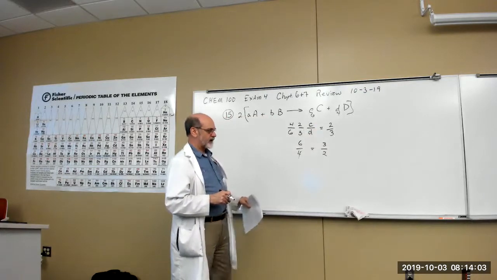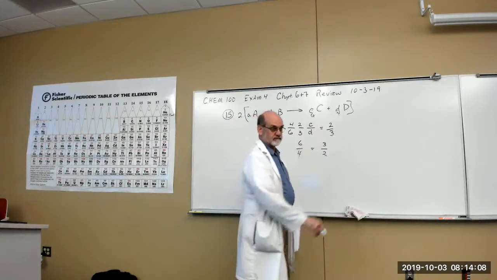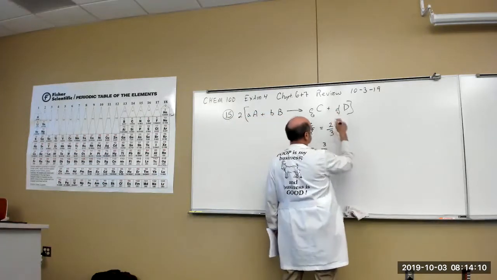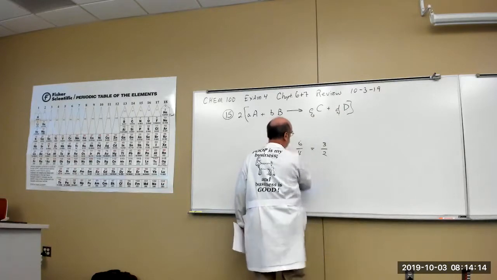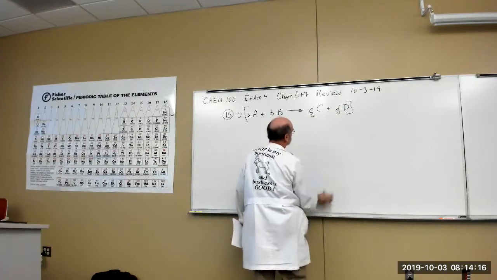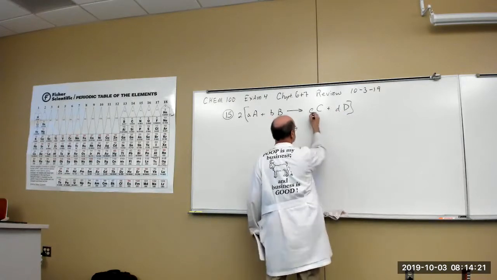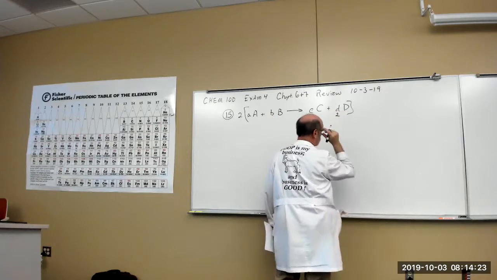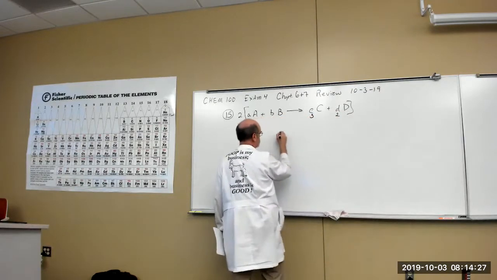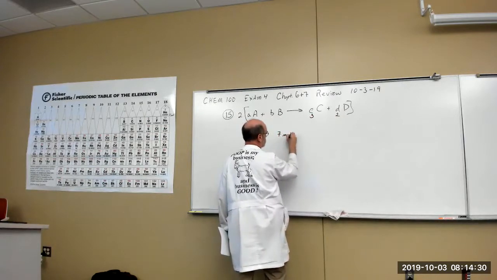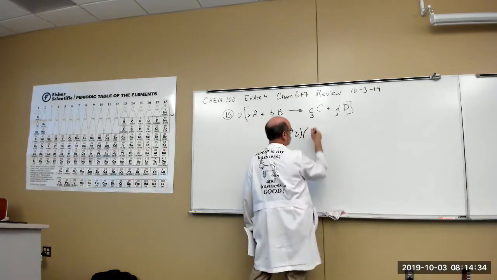Another way of looking at it is, this is a conversion factor. Let's stick with 6 and 4, or 3/2. Let's just make this 3 and that 2. Then if you know you have so many moles of D, let's say we have 7 moles of D, how are you going to convert that to moles of C?